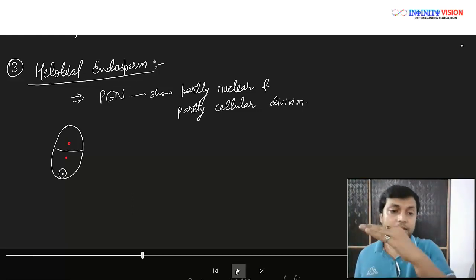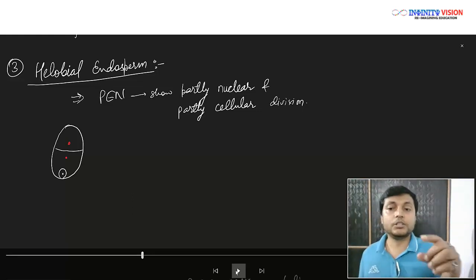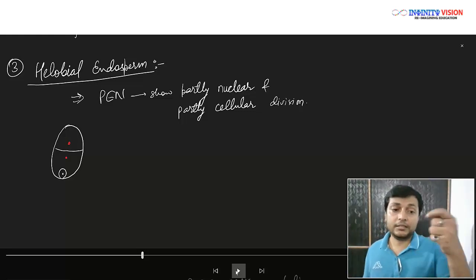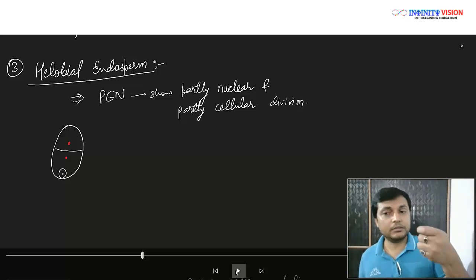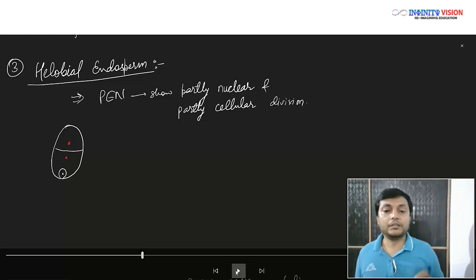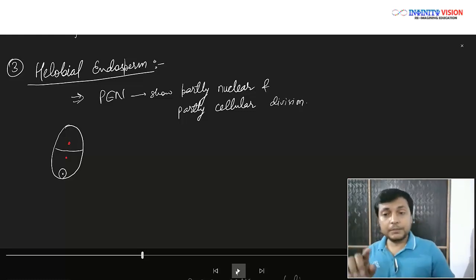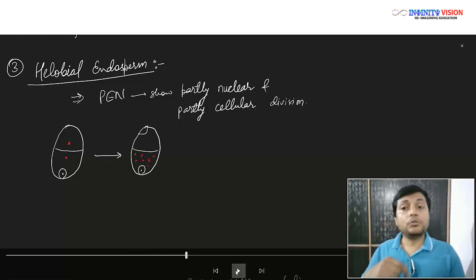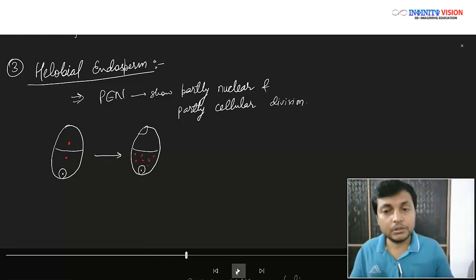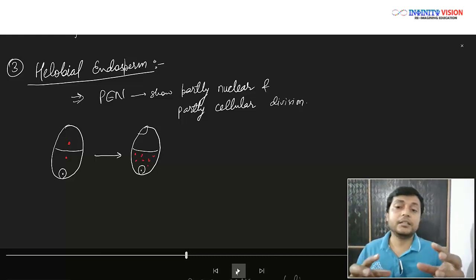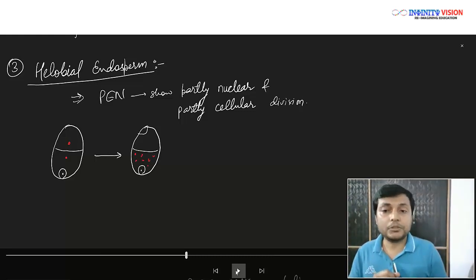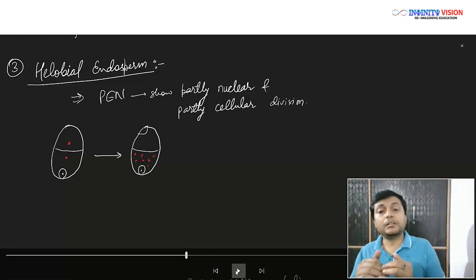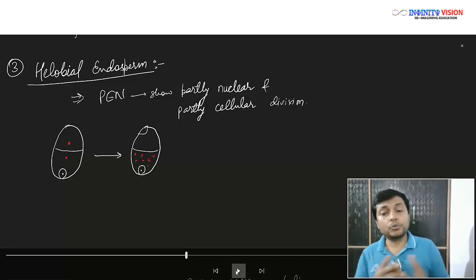This cytokinesis is horizontal. As a result, two chambers are formed: the chalazal chamber and the micropylar chamber. Mostly the chalazal chamber undergoes cellular endosperm development.